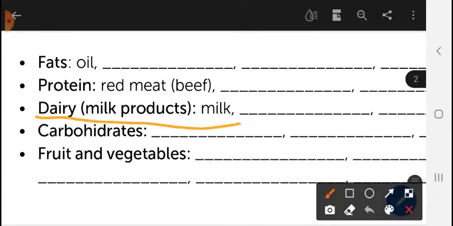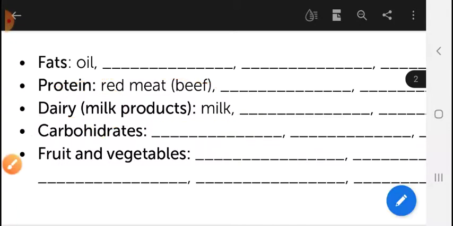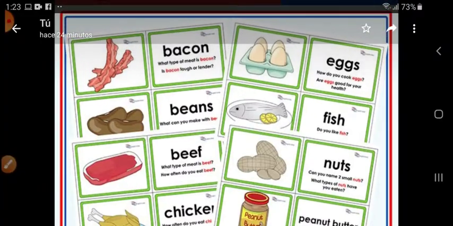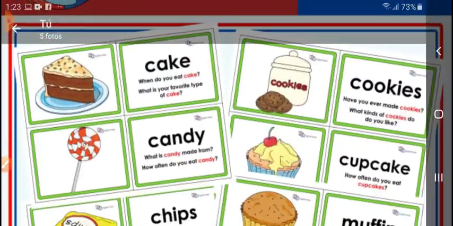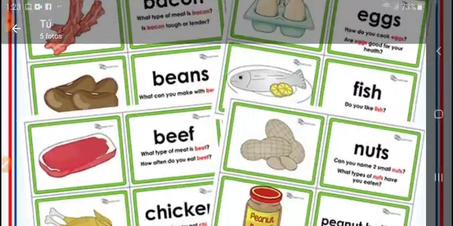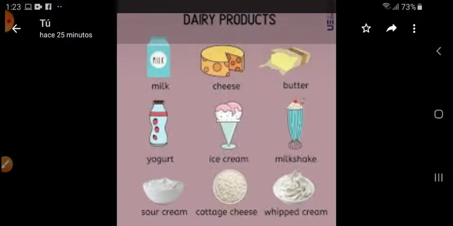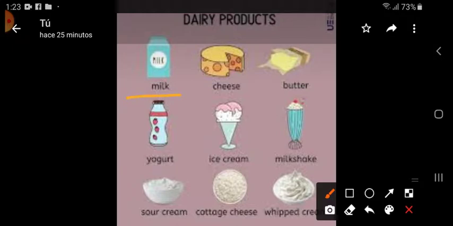Dairy products are products that come from milk, yes. Dairy products are products that come from milk. For example, besides milk, you can find in dairy cheese, butter, yogurt, ice cream, sour cream, cottage cheese, milkshake, whipped cream.